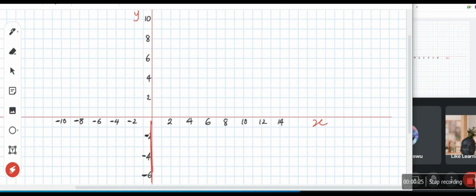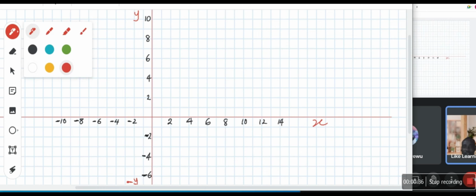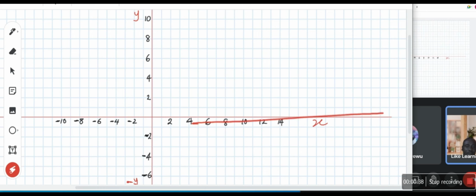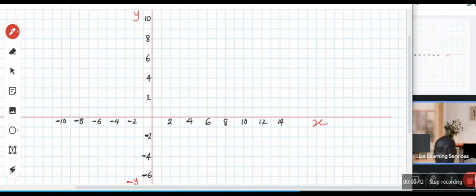So you have positive y and negative y. Also, the x has a positive side going to the right and a negative side going to the left. So you have positive x and negative x.